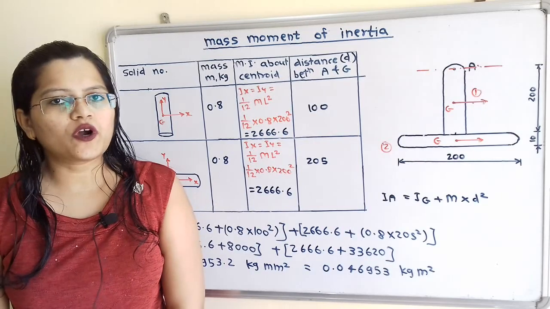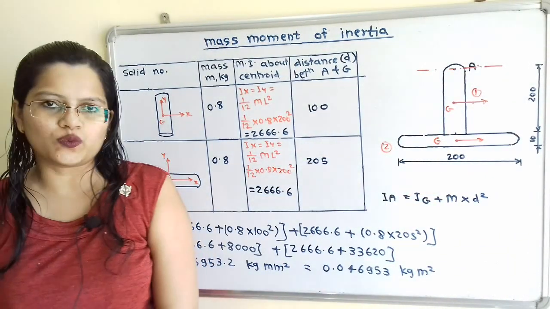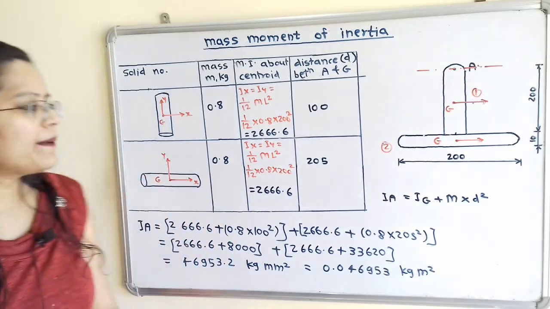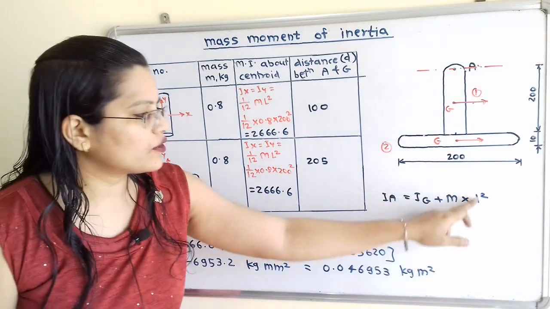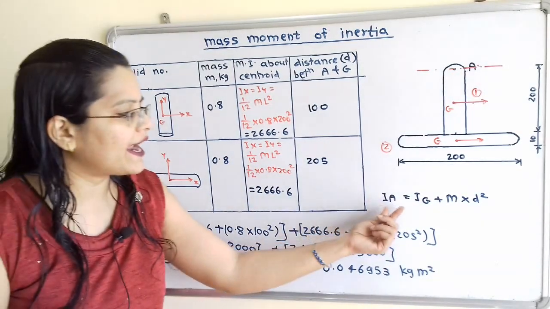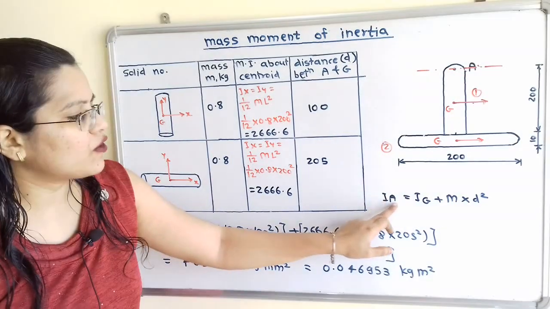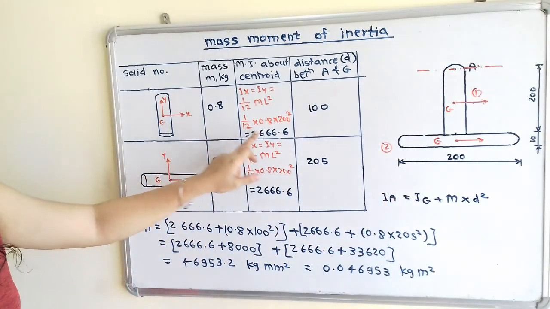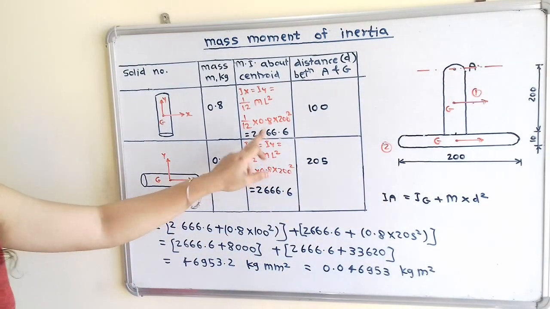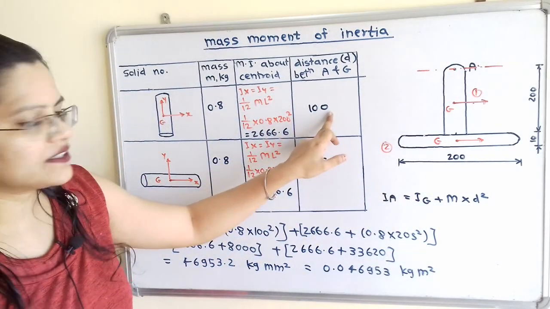The given composite body is the combination of shape number 1 and shape number 2. We apply the parallel axis theorem for shape number 1 as well as shape number 2, and add these two values. For the first shape, the value of Ia is equal to Ig plus mass multiplied by distance d square.